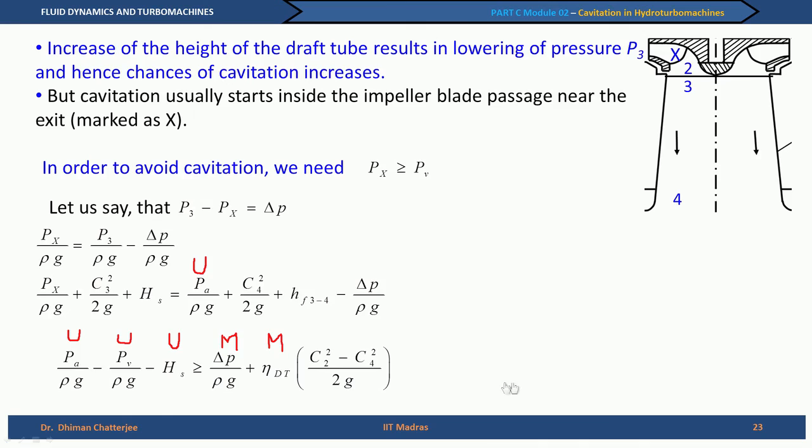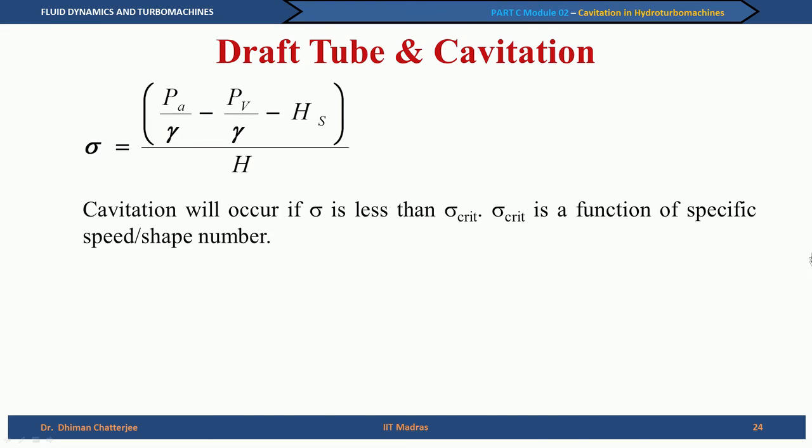So, we have a similar situation and we can club these terms together and define what is known as Thoma's cavitation factor, sigma, as (P_A by rho g minus P_V by rho g minus H_s) divided by H. Cavitation will occur if sigma is less than sigma critical.